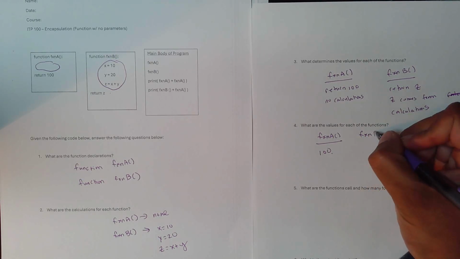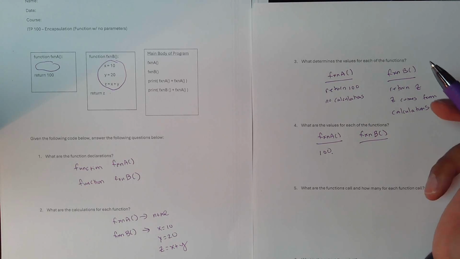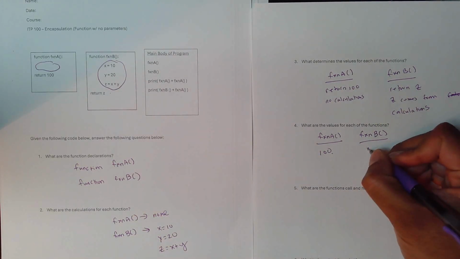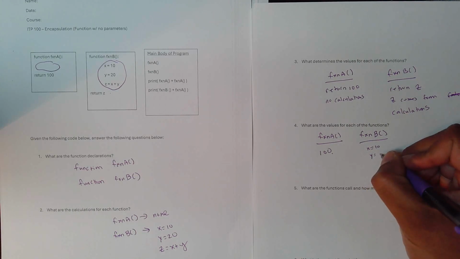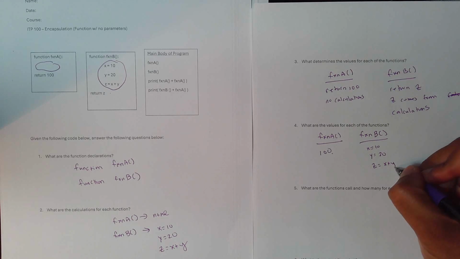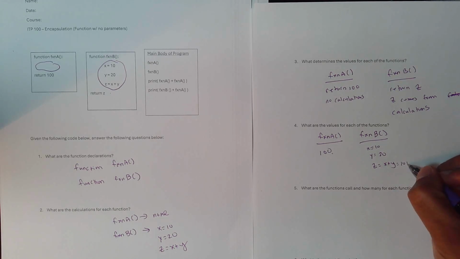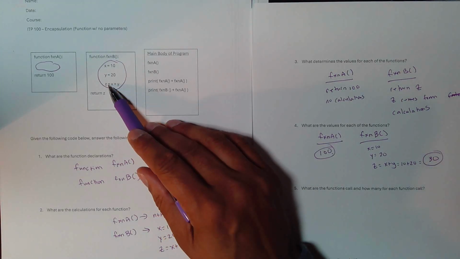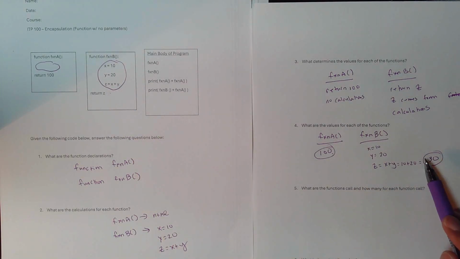For function B, my values are x, y, z. I have x equals 10, y equals 20. Z is equal to x plus y, which is 10 plus 20. I'm returning the z value, so my value is going to be 30.